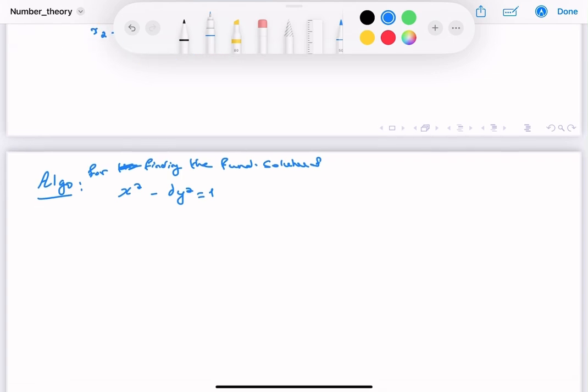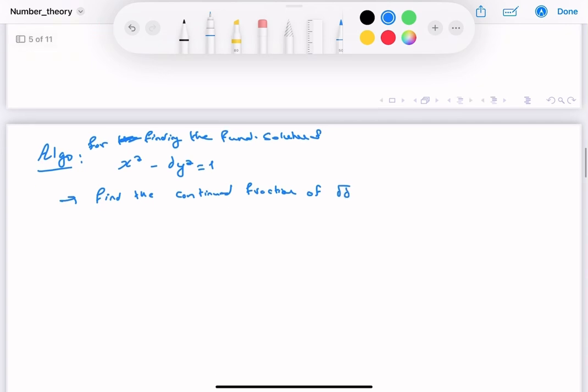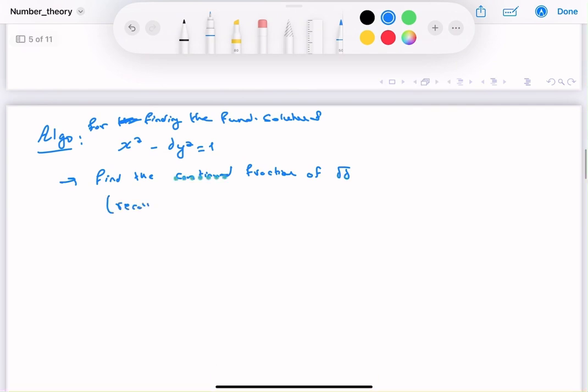What you do is first find the continued fraction of the square root of d. Let me remind you, when we're working with the square root of a non-square integer, the continued fraction is always eventually periodic.